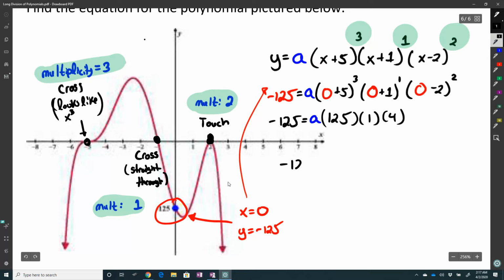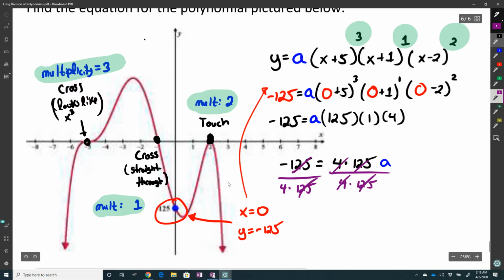Okay, so negative 125 is equal to, and we can multiply that through, but notice that I'm just going to keep it as 4 times 125a, because when I divide it over, notice the 125's cancel. And so I get negative 1/4 is equal to a.